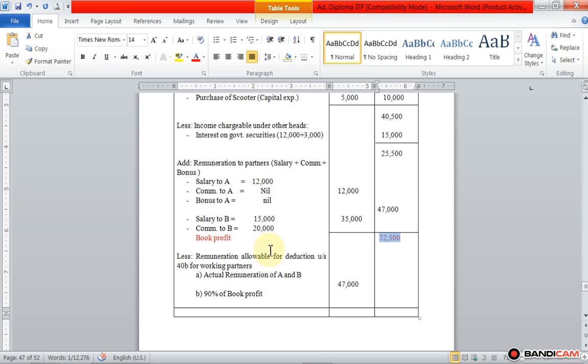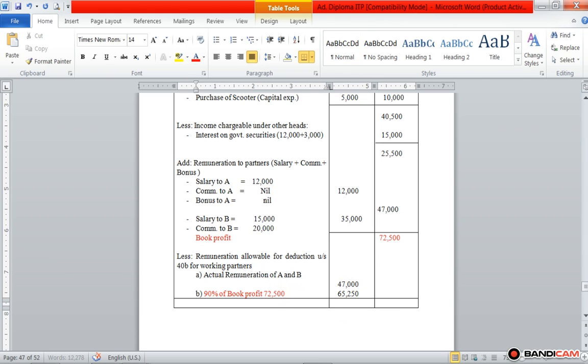Then deduct the remuneration. So 90% of book profit, so 90% on 72,500. So 90% computed, that is 65,250. Okay, then we take the deduction whichever is lower.